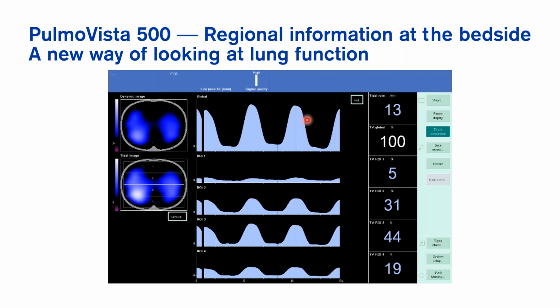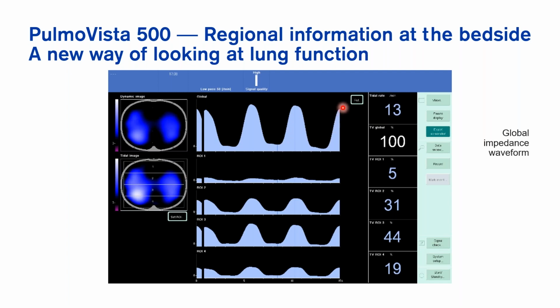So, if we look at the screen of PulmoVista, we have the dynamic image. So basically this image changes with every breath. So it is synchronized with the patient breathing. Then we have the global impedance waveform, and also you have the advantage of connecting a Dräger ventilator with PulmoVista, and in that case you will get the information about the tidal volume. So this is basically synchronized with your tidal ventilation.